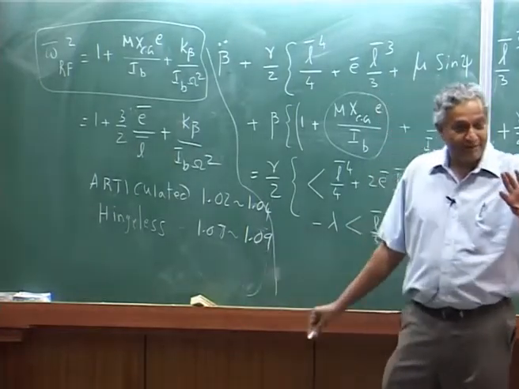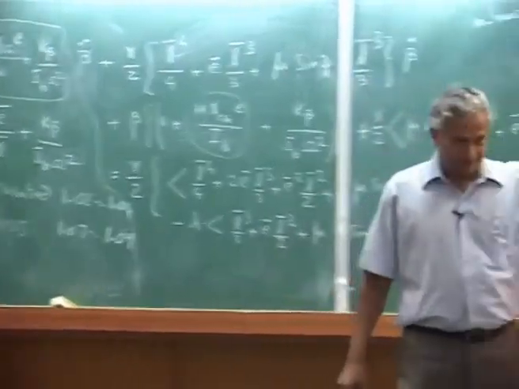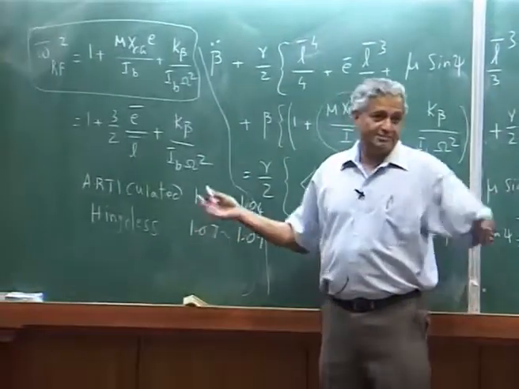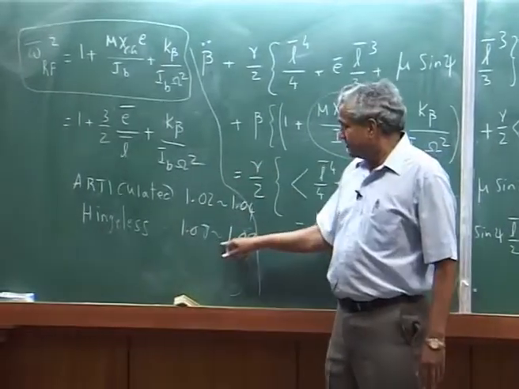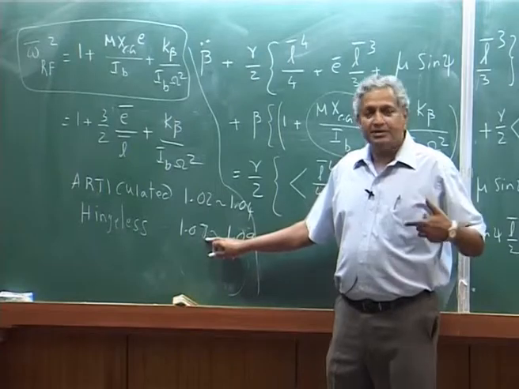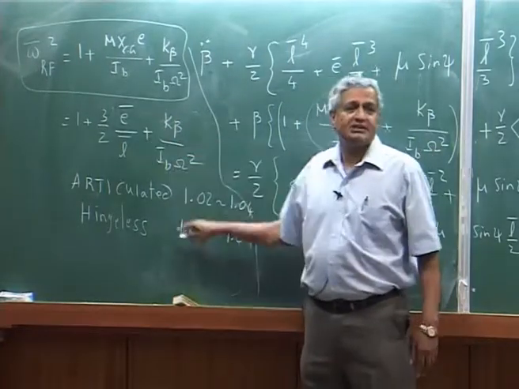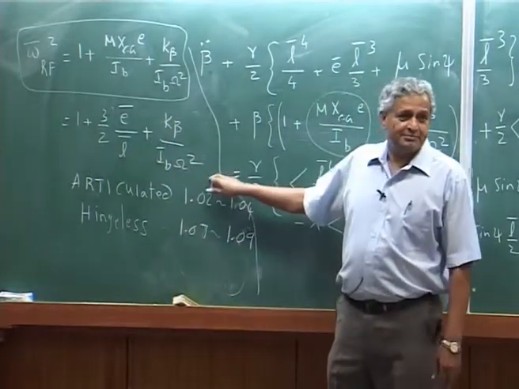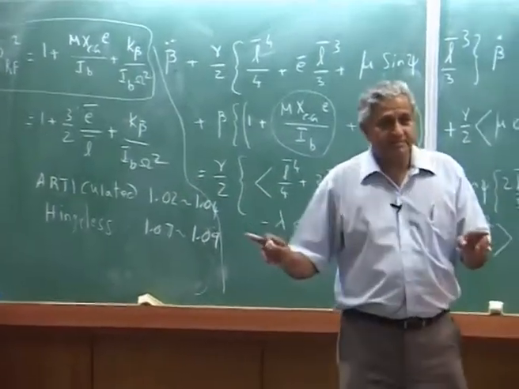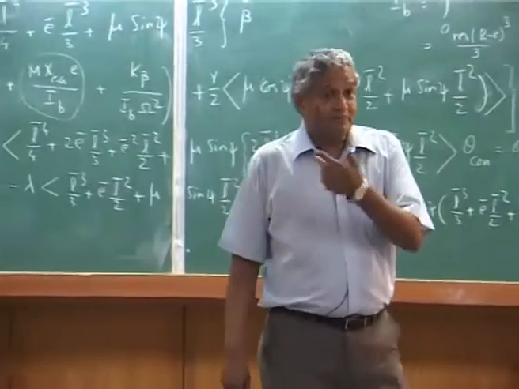Now, if you want to find the equivalent hinge offset, okay, without the spring, hingeless blade you do not know, you can always say this is having a hinge offset which is larger than articulated rotor. More hinge offset because you have a more flap frequency.